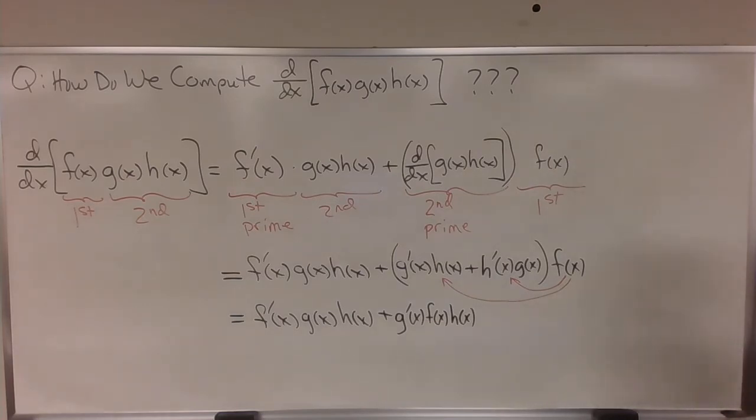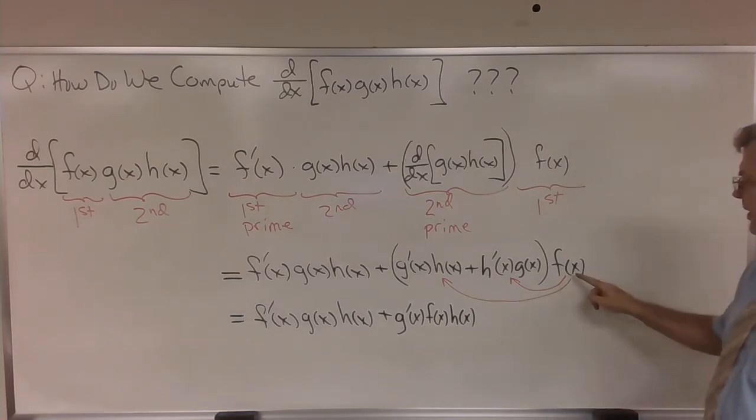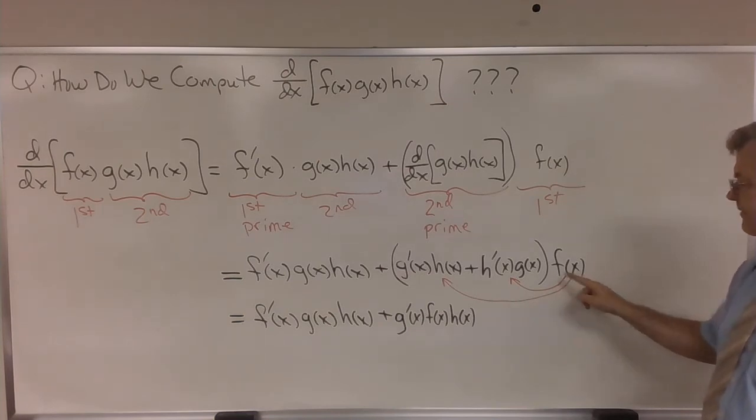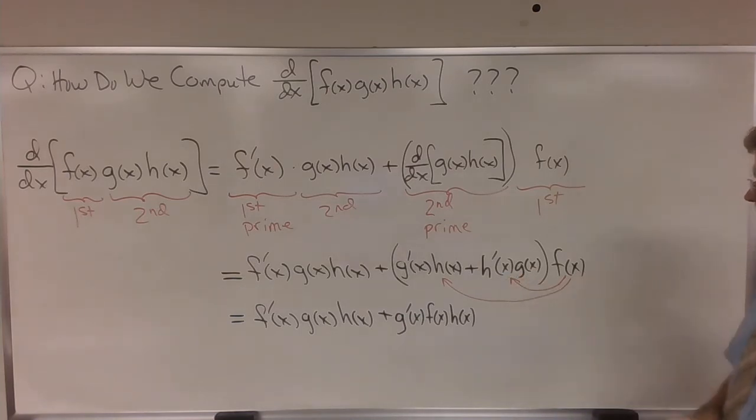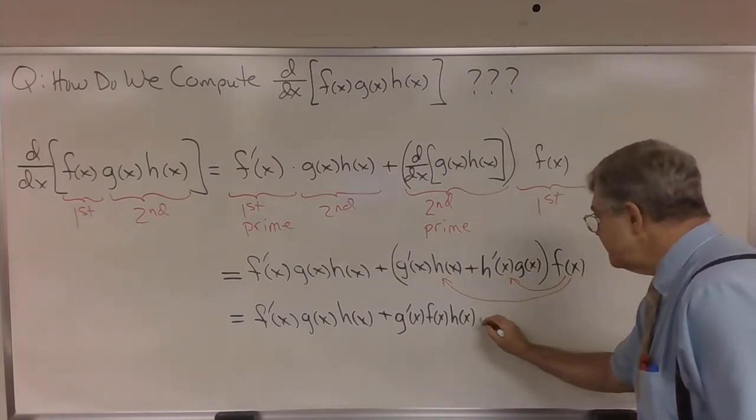And I think when I distribute the f of x to this term, I'm going to do the same thing. I'm going to put the f of x in between h prime and g of x.